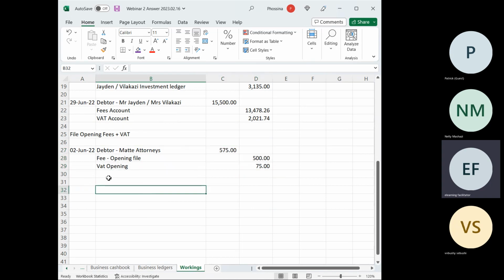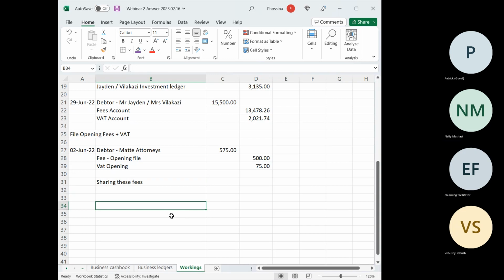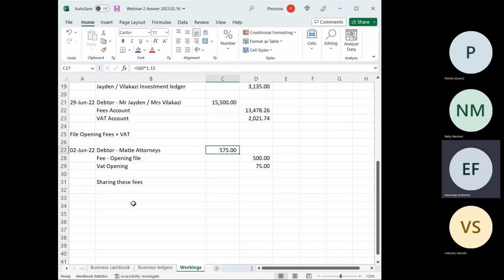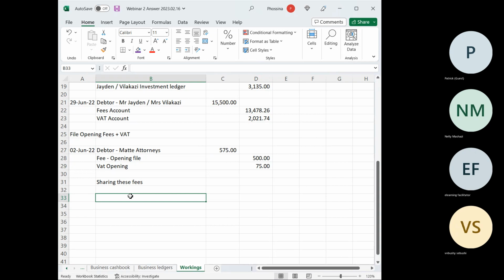But remember, we are sharing the fees. So in us sharing, it means on our data, they are not going to owe us 575. So we are more of like reversing the initial transaction just so that we show that we are sharing.